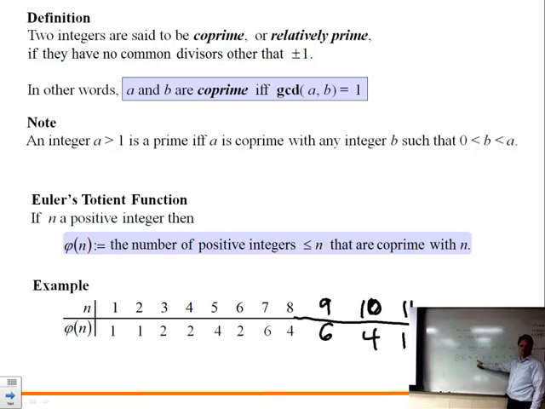GCD of 4 and 9 is 1. So this counts. GCD of 5 and 9? 1. So this also counts. GCD of 6 and 9? It's 3, which is bigger than 1, so this does not count. GCD of 7 and 9 is 1. GCD of 8 and 9?